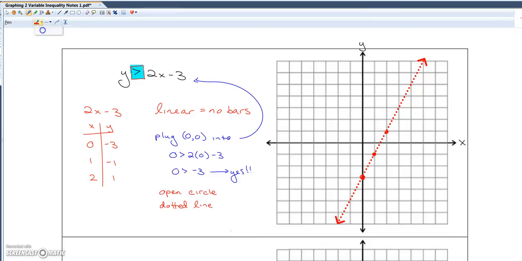Well, the 0, 0 is a point. And since this particular point made the statement true, that means it is one of our solutions. It is in the range of solutions. If it was a number line, that would be on the side that I colored. And so this time, it is on the side that I will shade.